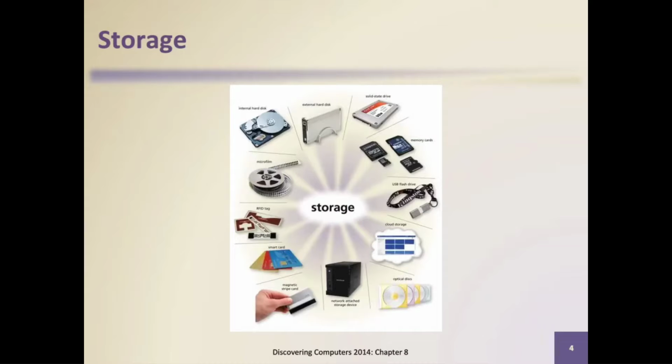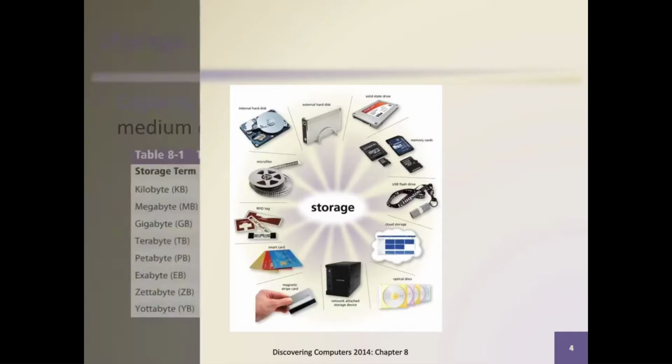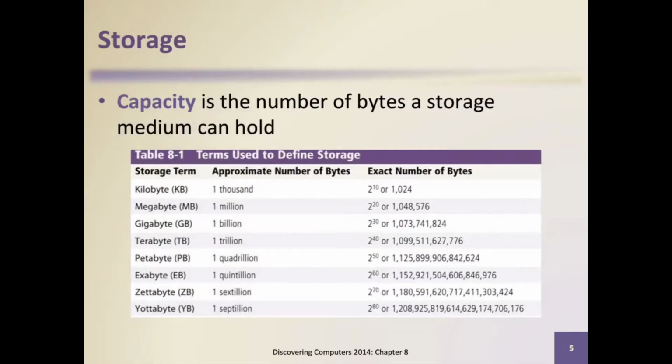Examples of storage options are shown on this screen. Listed on this screen are terms used to define the capacity of storage media. Capacity is the number of bytes a storage medium can hold.